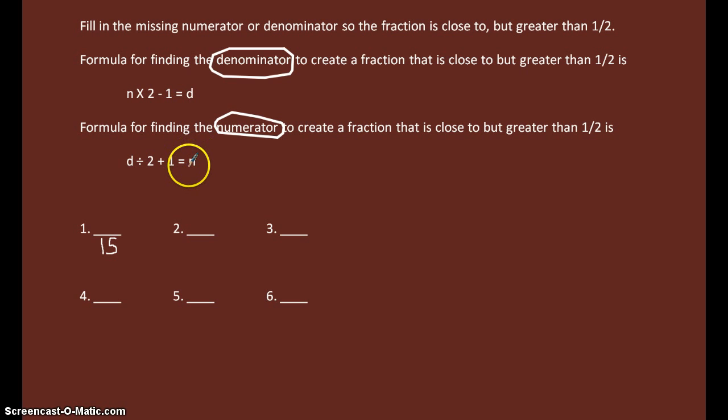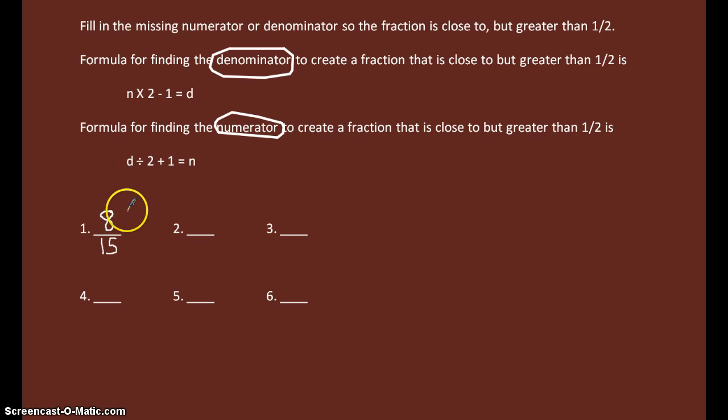Now, 15 divided by 2 is going to give us 7.5, 7 and 5/10. Now, if we add 1 to that, that's going to give us 8.5 or 8 and 5/10. We can't put a decimal up here, but all we really need is that 8.